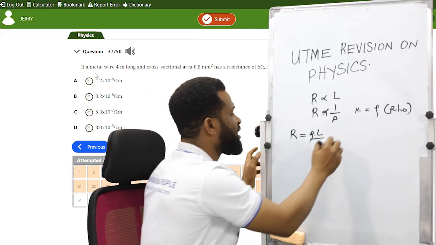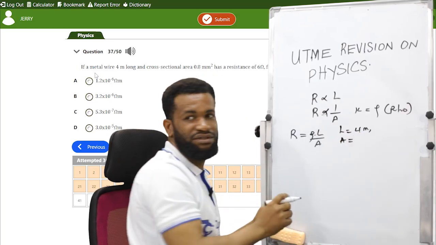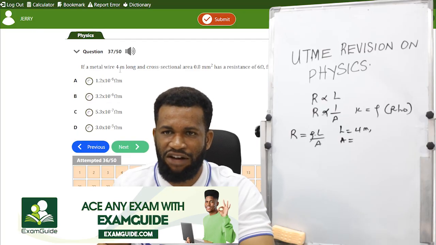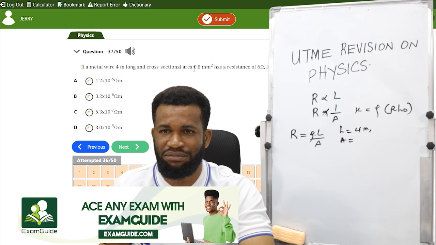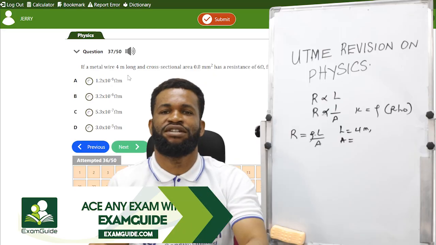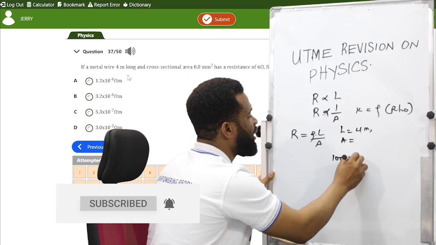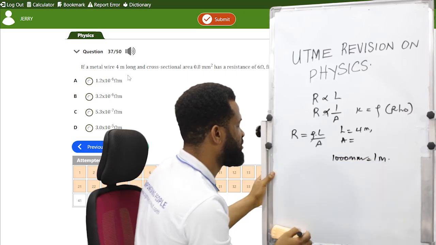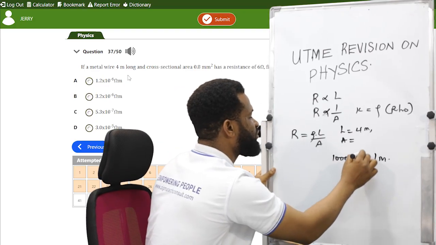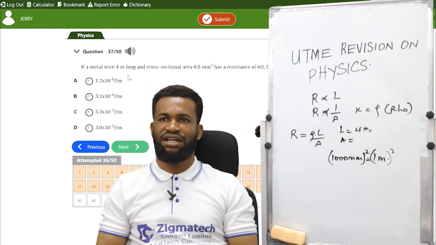So the length L is 4 meters, A is... wow, this question. Now, we have millimeter and we have meter. We must convert them, and the options are in meter. So you must convert this to meters before you can start solving. First, I'm going to say that 1,000 millimeters make 1 meter. To find millimeter square, I have to square both sides.